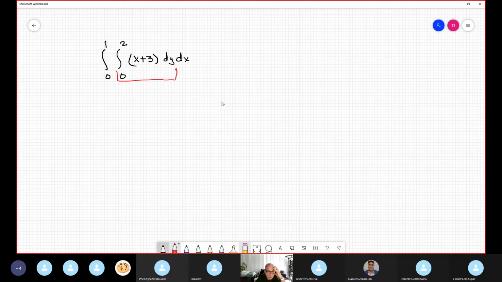I copy here: integral from 0 to 2 of x plus 3 dy. The integrand does not depend on y, therefore you consider it like a constant. You integrate only the y. Integral dy es y. Entonces y evaluated between 0 and 2.